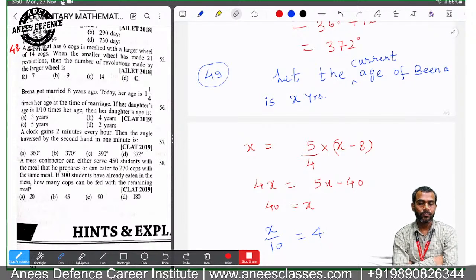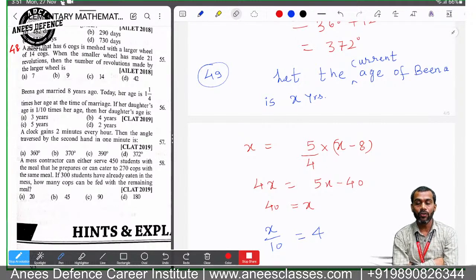See, the product of the number of cogs and the number of revolutions should be constant.